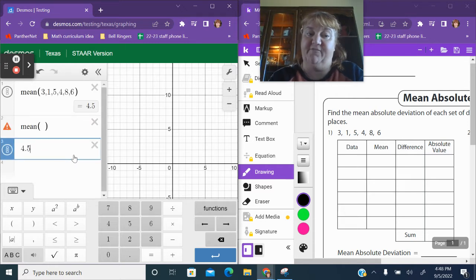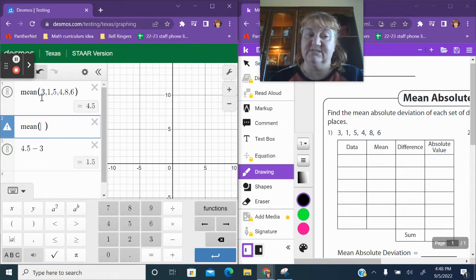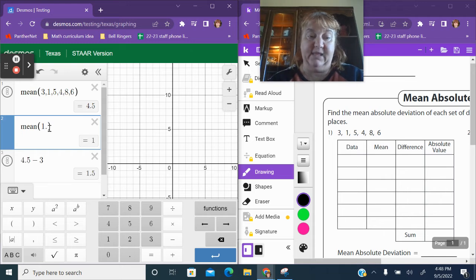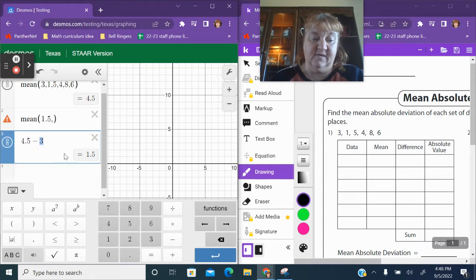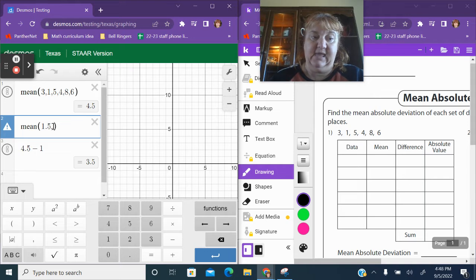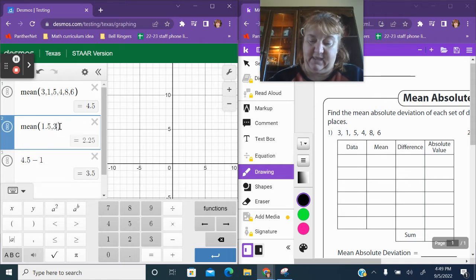I'm going to go 4.5 and make a subtraction problem. I'm going to subtract 3. So my first difference is 1.5. Then I put a comma. My next difference is 3.5.